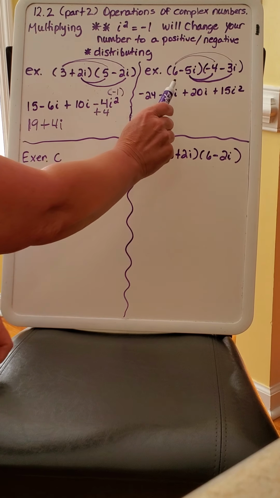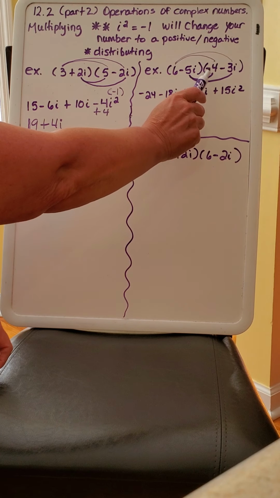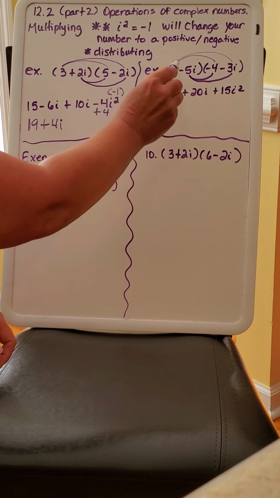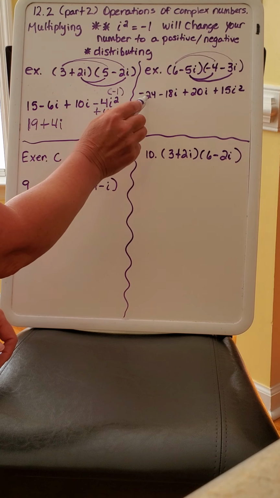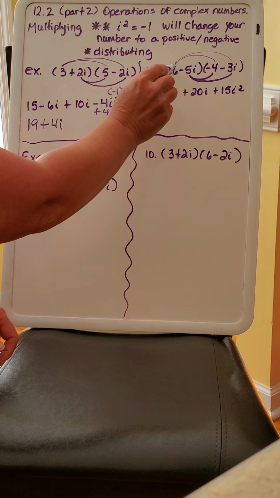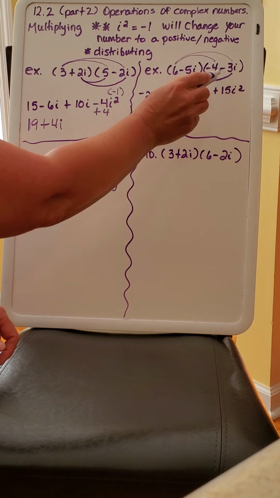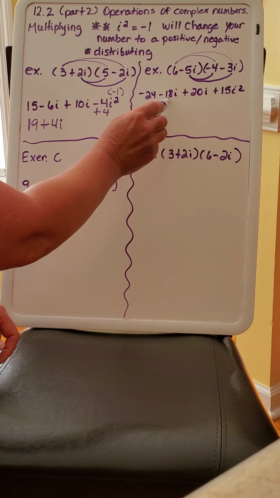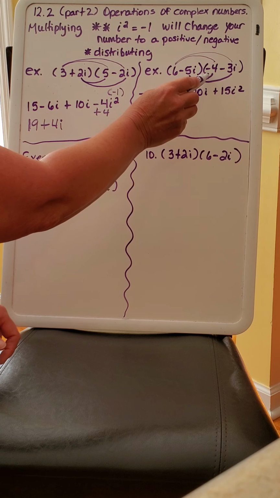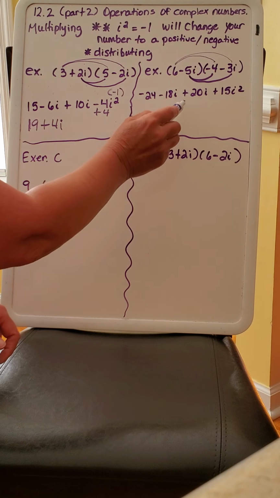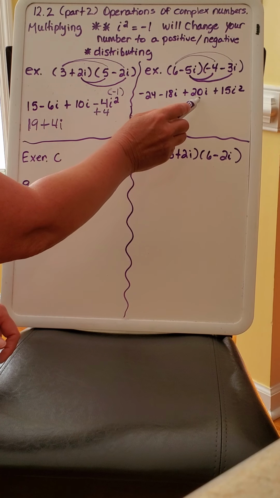Okay, next we have 6 minus 5i times -4 minus 3i. So again, start with the 6 times -4, -24. 6 times -3i, -18i. Go back, -5i times -4. Both of those are negative, so that's plus 20i.